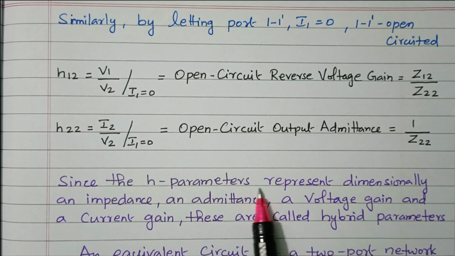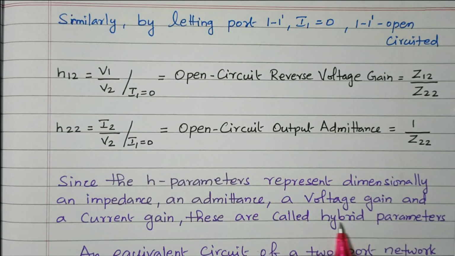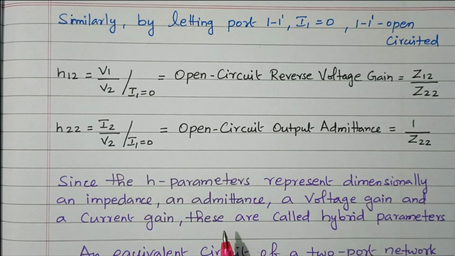Since the H parameters represent dimensionally an impedance, admittance, voltage gain and current gain, these are all called hybrid parameters. So current gain, voltage gain, impedance, admittance, all these are available, so it is useful for finding parameters in a transistor circuit.